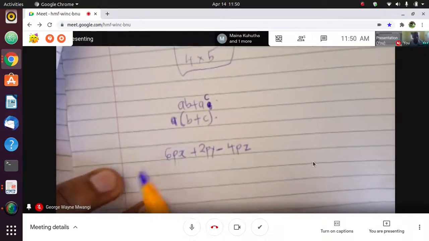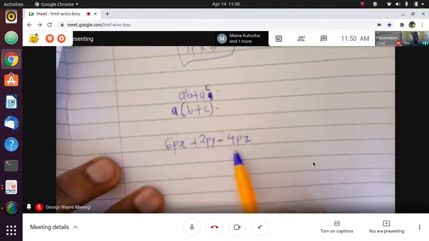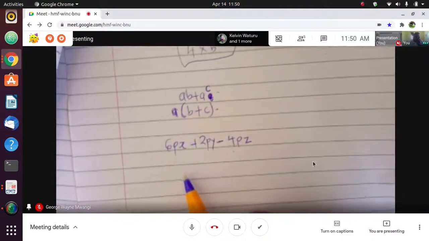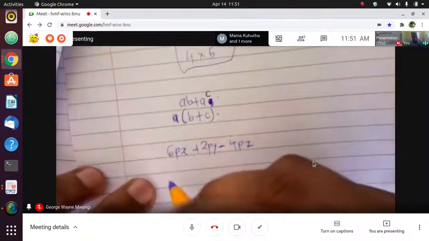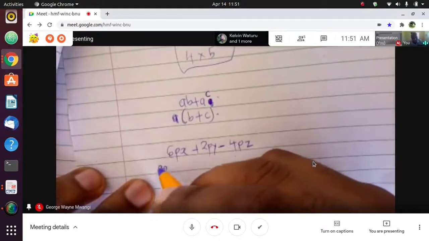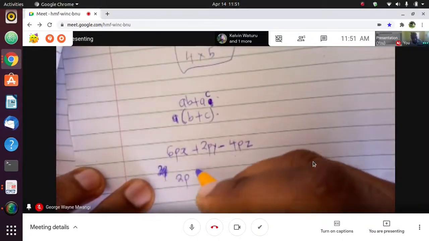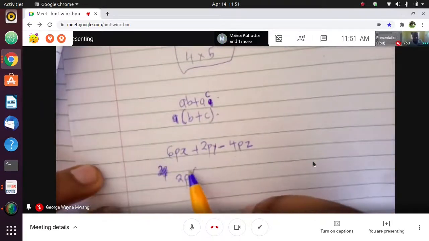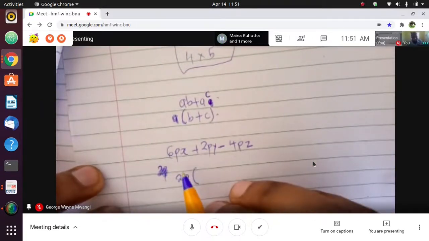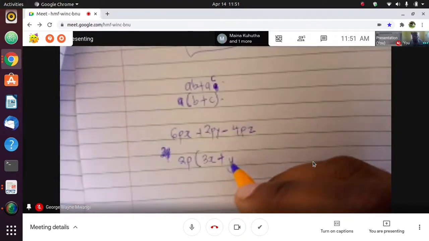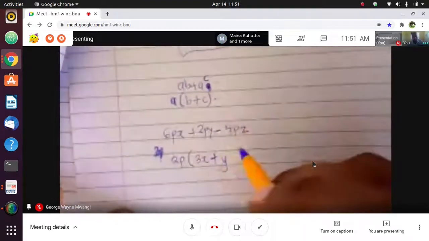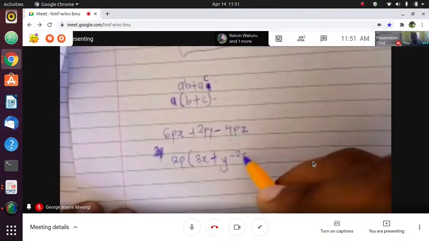Ni zipi minor? 6px, 2py na 4pz, which are the common factors there? 2 and p. So when we remove 2 and p, tuitoe, and then we introduce brackets, tutabaki na nini hapa ndani? 3x plus y minus 2z. Sawa.